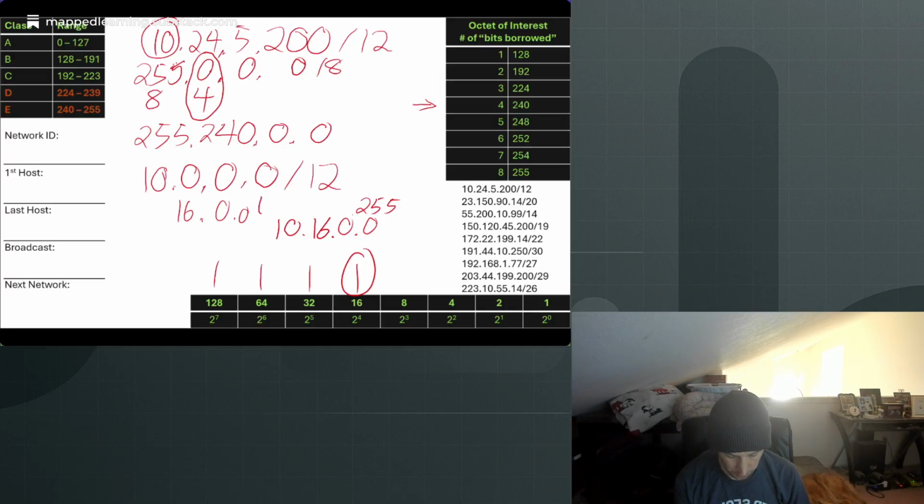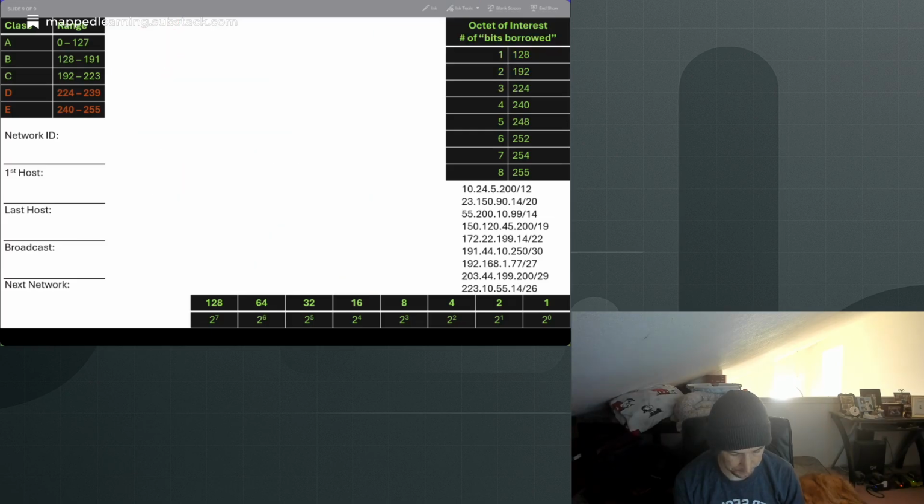To the left, 0 becomes 255. Can we subtract 1 bit from 16? Yes. 15. And 10 is the same. So this is the broadcast address for this network, the /12. 10.15.255.255.